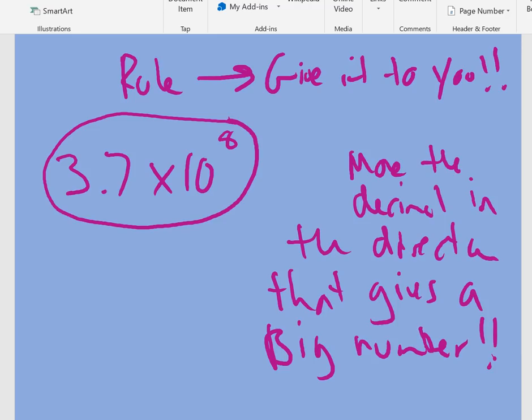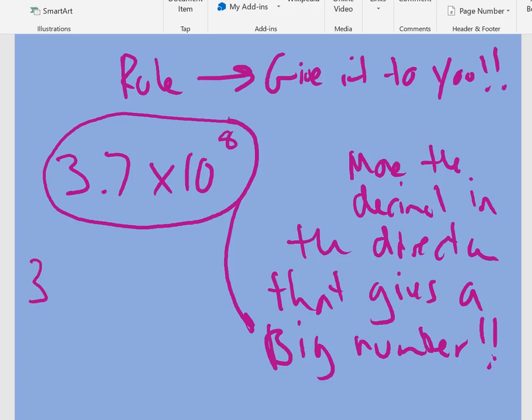If this is a big number, you want to move the decimal in the direction that gives you a big number. I've never once said, oh, it's a positive exponent, move it to the right. Because if you're going the other way around and you had a positive exponent, or if you had a really big number, you'd be moving it to the left. It doesn't work like that. It's going to confuse you.